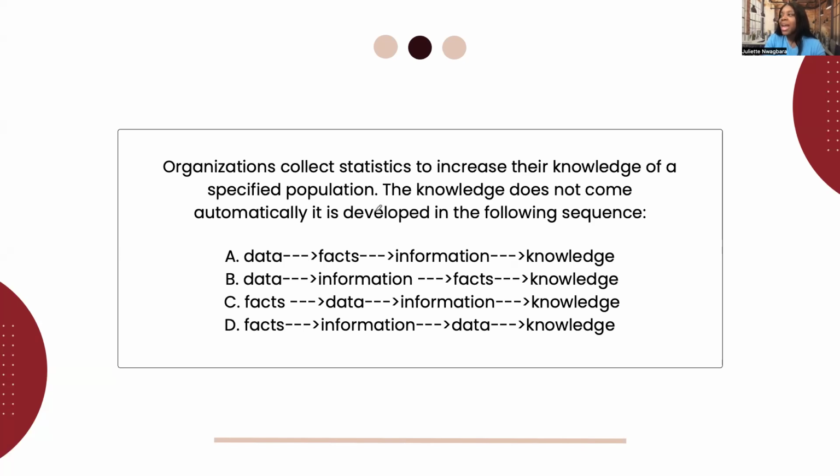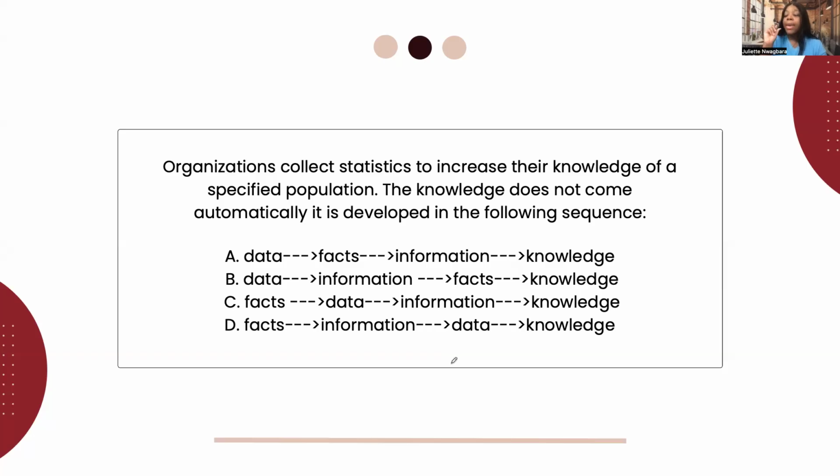The knowledge does not come automatically. It is developed in the following sequence. And there's data, becomes facts, becomes information, becomes knowledge. Does data become information and then facts and then knowledge? Is it first facts, then data? So you have to be able to understand what the right sequence is from this question.